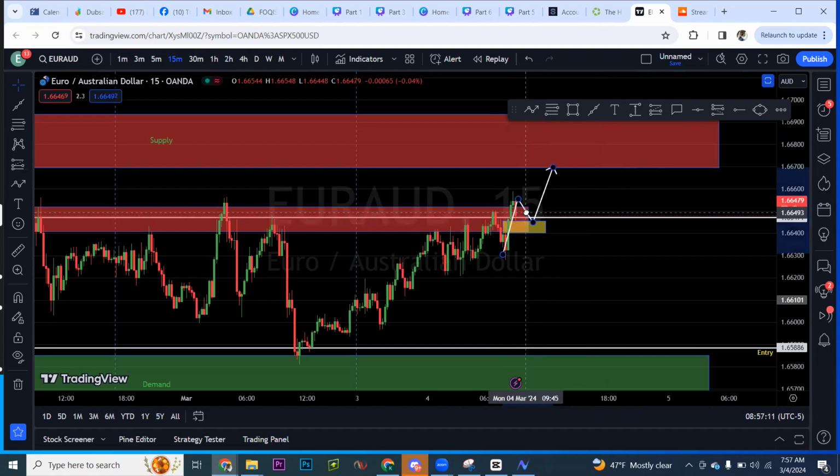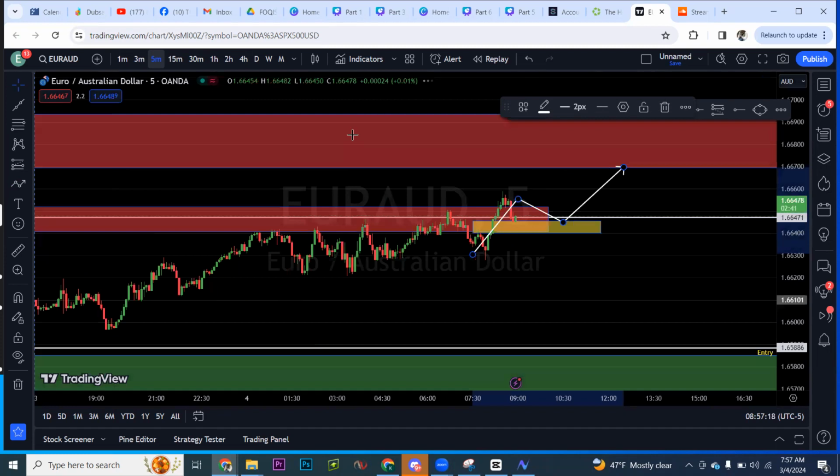So right here, it looks as if price is going to respect the zone. So I can go down real quick just to make sure. We got the main pull up, the pullback, and we can see now it is looking like it's going to respect this imbalance to continue to the upside. So this could be a potential entry.